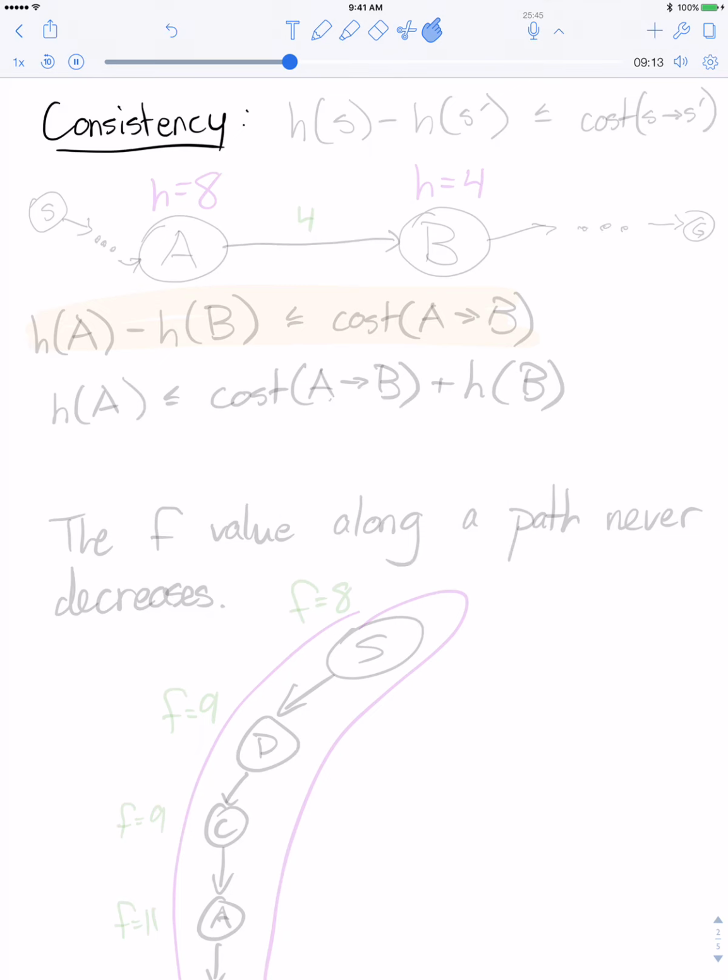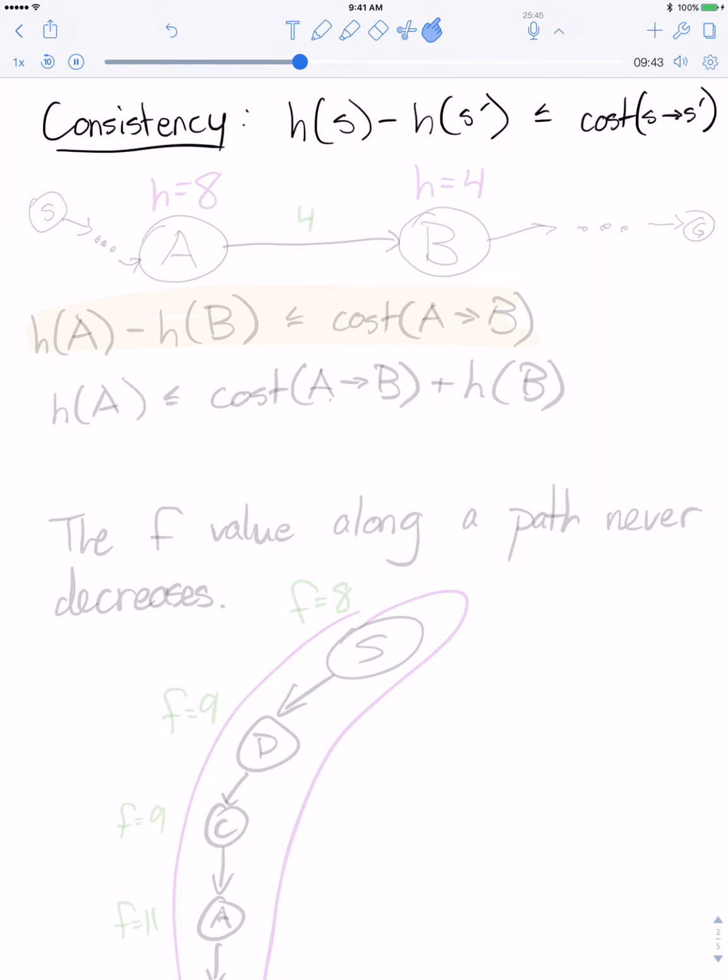So if we have two states, S and S prime, that are adjacent to each other, so there's an action you can take from S to get to S prime, then H of S minus H of S prime is less than or equal to the cost of traveling along that arc, S to S prime.